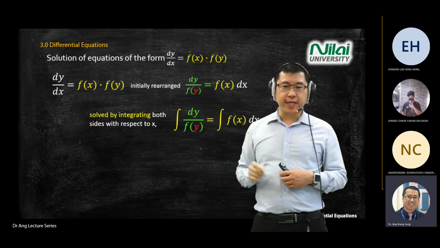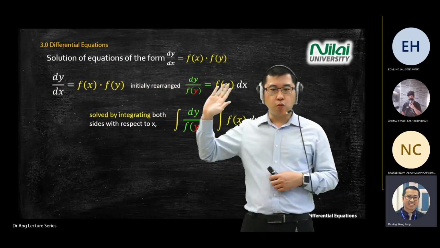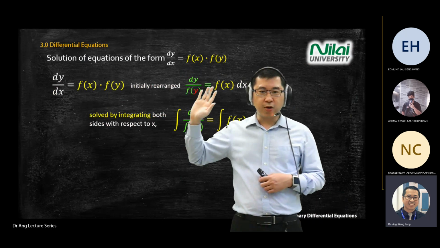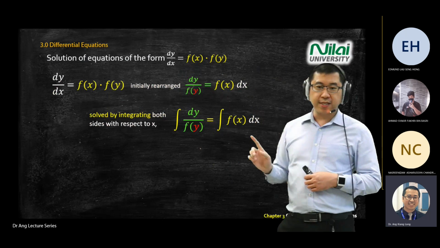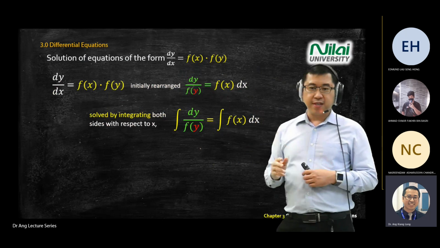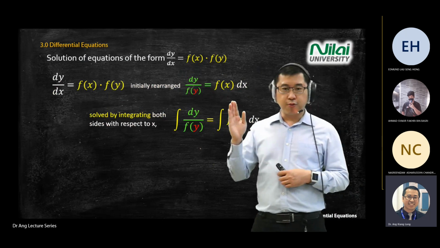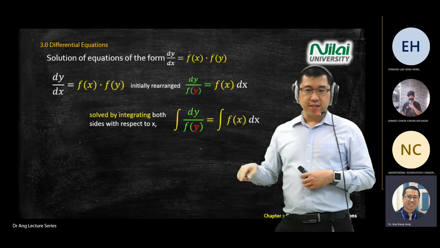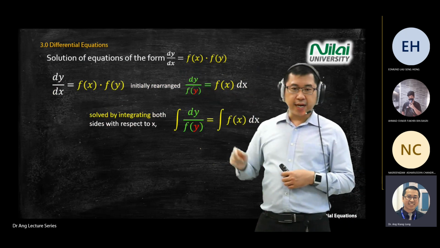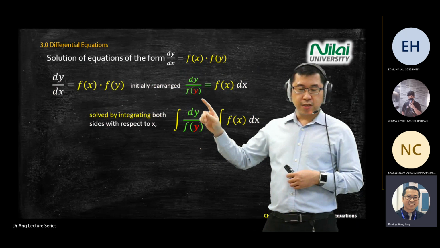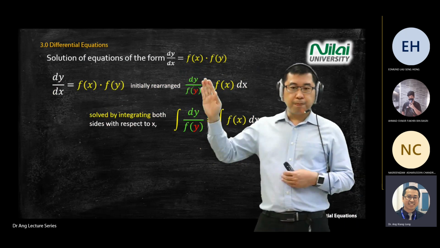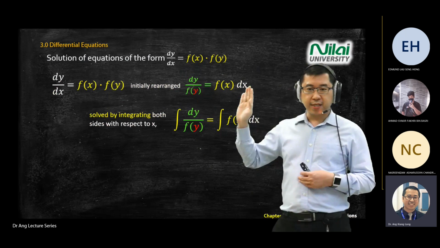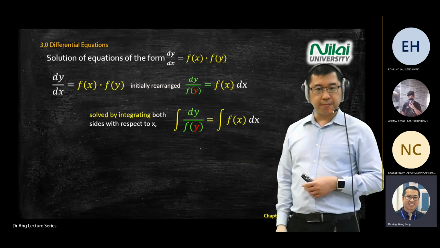After you get dy dx, you pull all the y to one side and all the x to the other side. Just now, in all the examples before this, you pulled the y to one side. This one I add one more x function there. So you just continue with the procedure that we learned: you pull y to one side, x to one side, and then you continue with the integration steps.